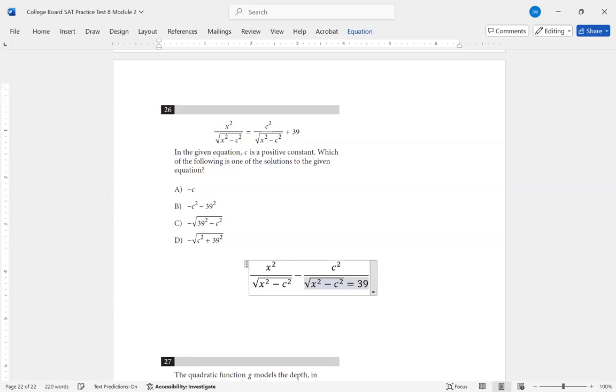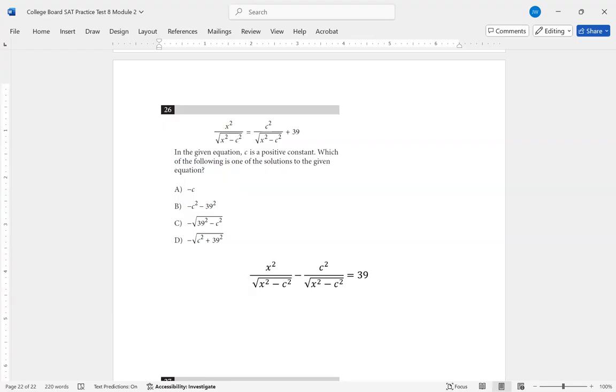And that would give me 39 alone on the right-hand side, and x squared over the square root minus c squared over the square root on the left-hand side. Since these two have the same denominator, I can combine them into one single fraction.